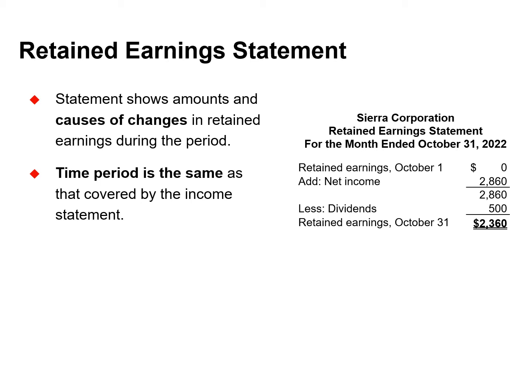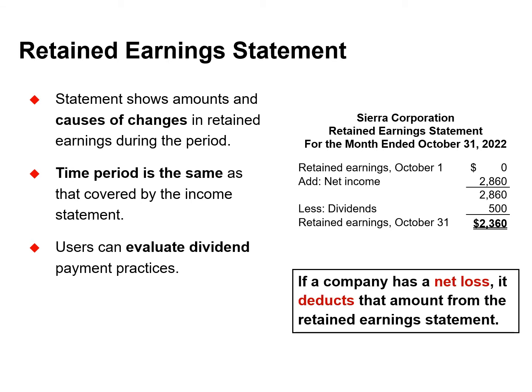Ending retained earnings represents net income since the inception of the business that has not been paid out in dividends. Essentially, I want you to think of this as the amount of earnings that has been reinvested in the business. And then the last thing I just want to mention, if a company has a net loss, it will deduct that amount from the retained earnings statement as opposed to adding it.